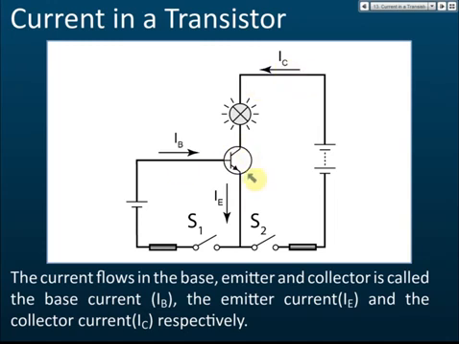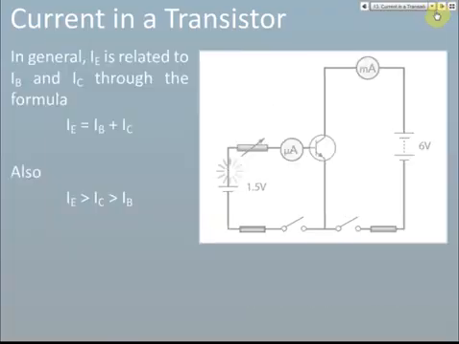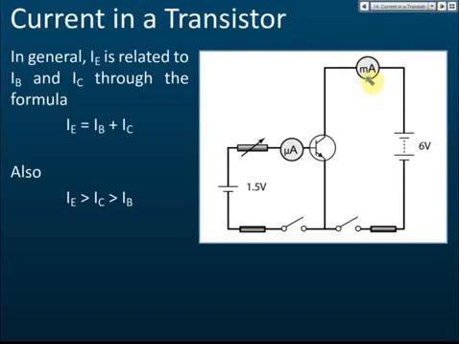Now, what's the relationship between these currents? We can see that this is the collector current IC, and this is IB.